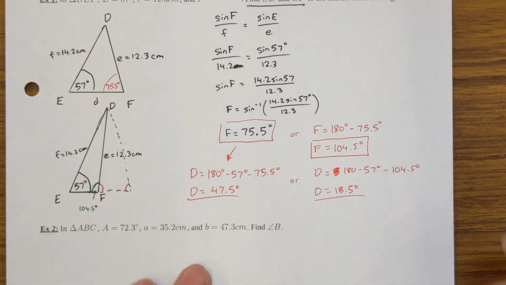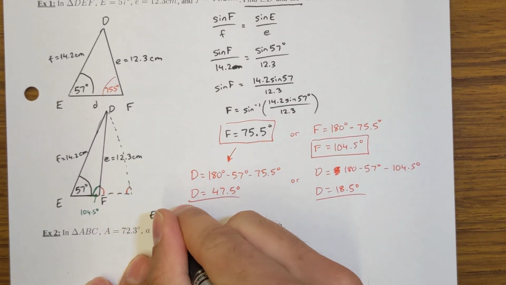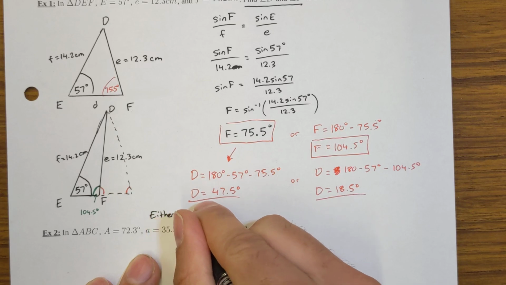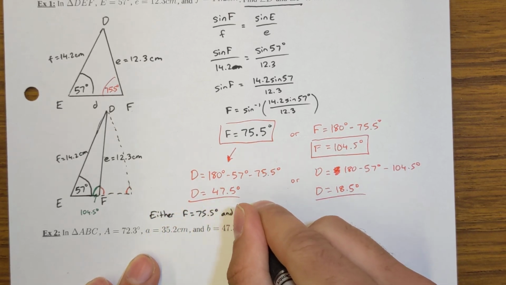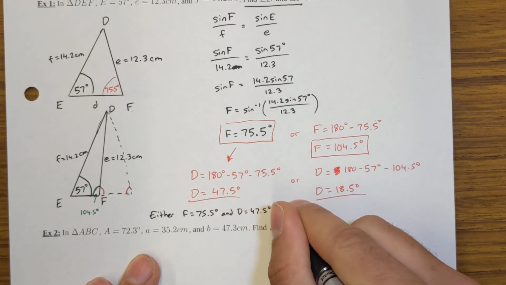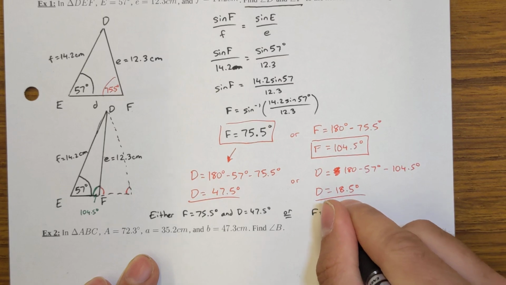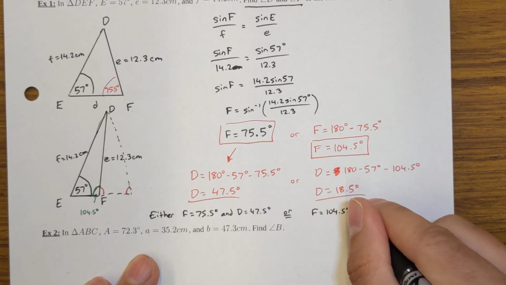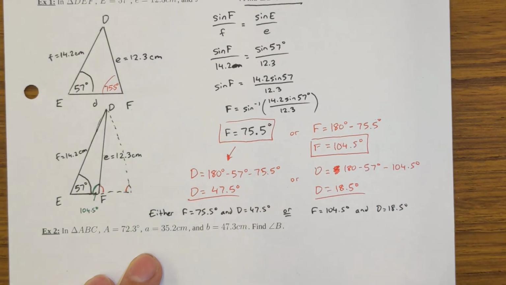So really all we can answer this question with is either F equals 75.5 degrees and D equals 47.5 degrees, or F equals 104.5 degrees and D equals 18.5 degrees.